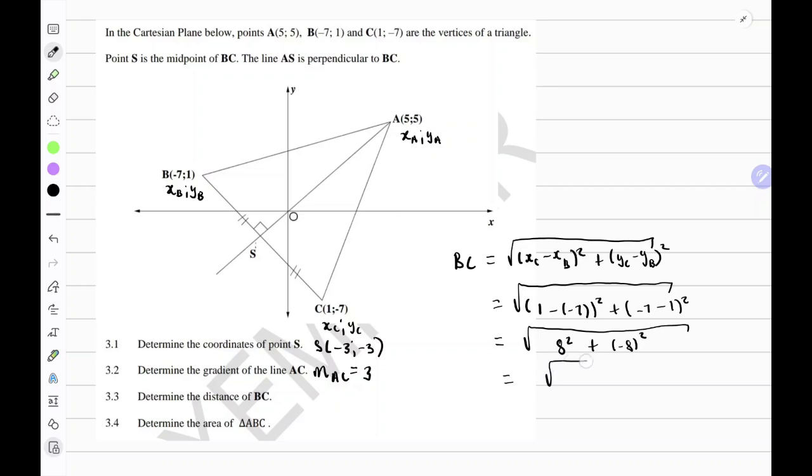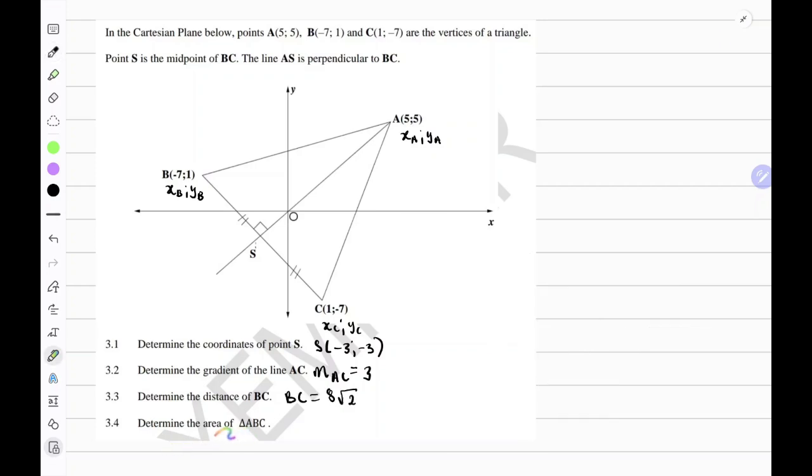This is the square root of 64 plus 64, which is the square root of 128. But 128 can be viewed as 64 times 2, so this is 8 square root of 2.